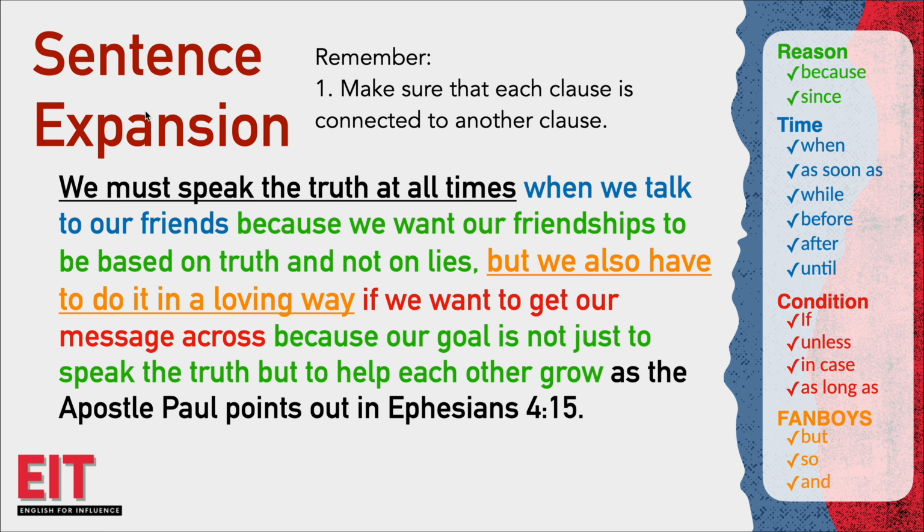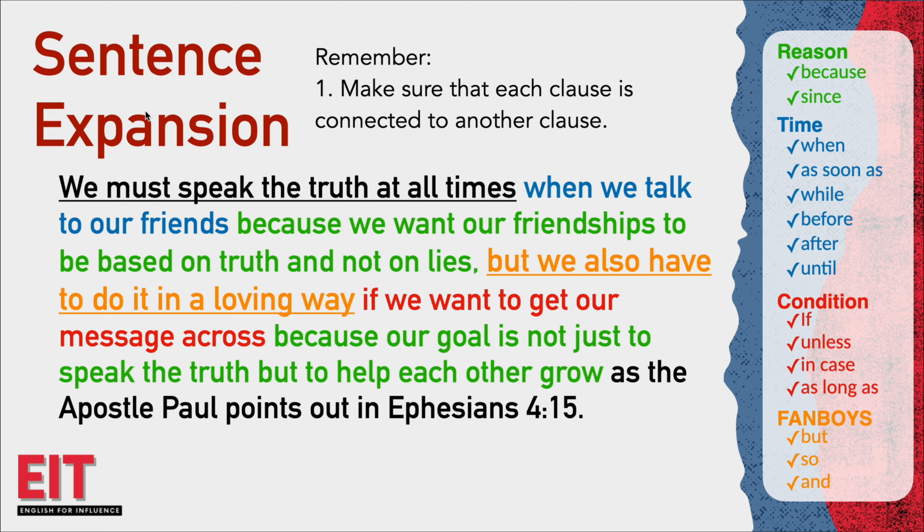Again, to our second independent clause, but we have to do it in a loving way. And finally, as the Apostle Paul points out in Ephesians 4:15, is connected to where? Yeah, so it's connected to our dependent clause because our goal is not just to speak the truth, but to help each other grow.